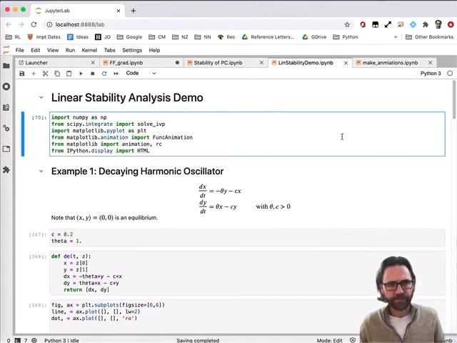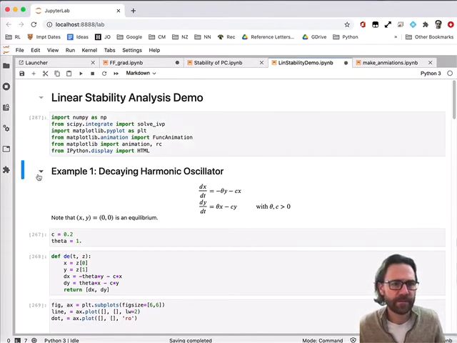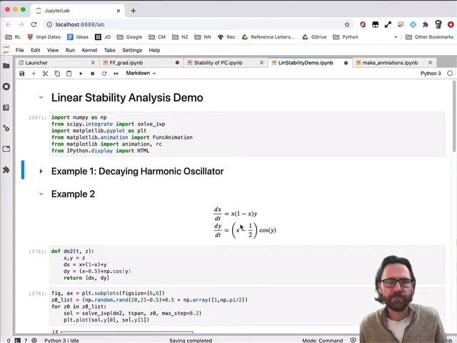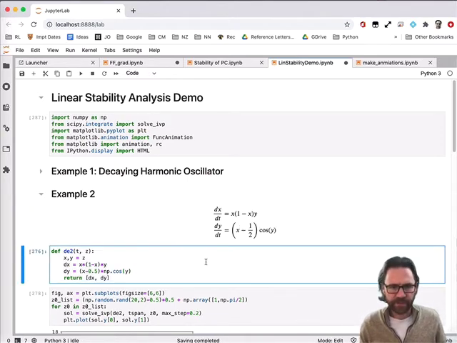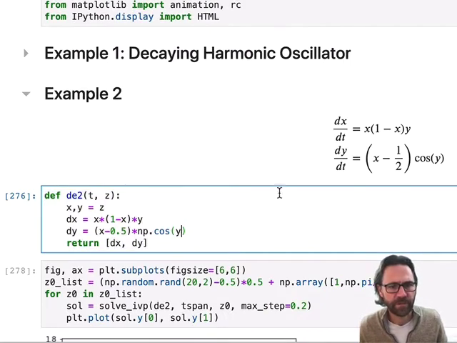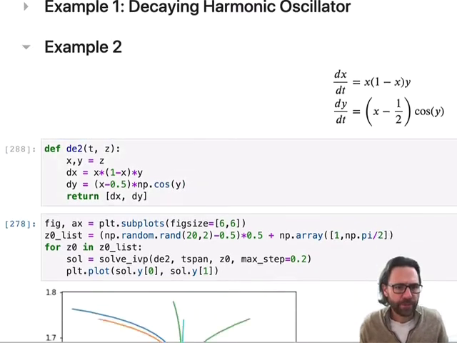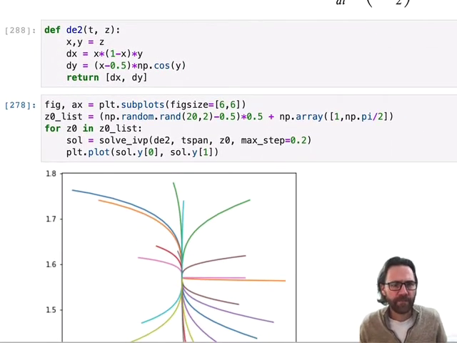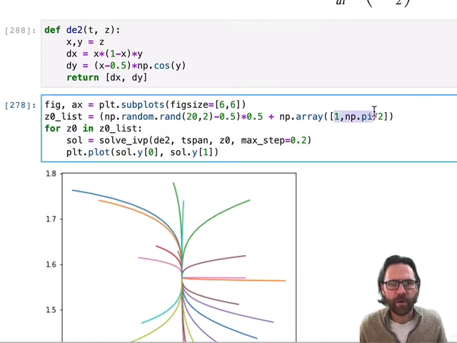Okay, so I've coded it here. So this is the function that evaluates the right hand side of the differential equation. So you can see that it matches there. Here's just a loop that computes a whole bunch of random initial states near 1, comma pi over 2.